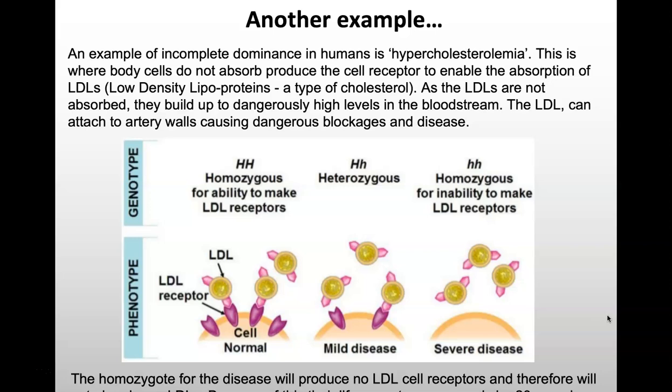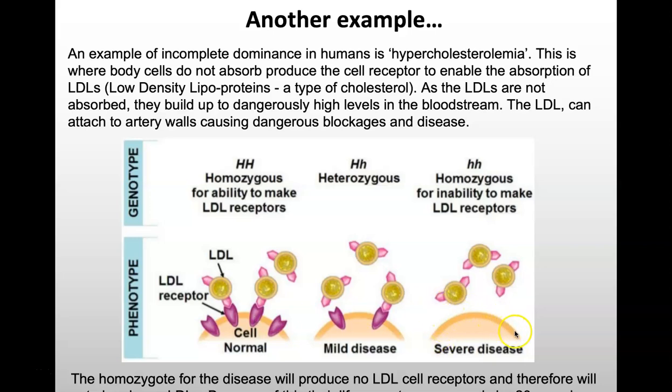You have several different types of cholesterol in your body, and low density lipoproteins are the ones that are not as good for you. So they're still essential to your diet, but too many of them could be quite bad. And the disease here is where the gene will either produce a receptor that sits on the surface of your cells and absorbs the low density lipoprotein from your bloodstream, therefore reducing the concentration of LDLs in your bloodstream, or they don't.